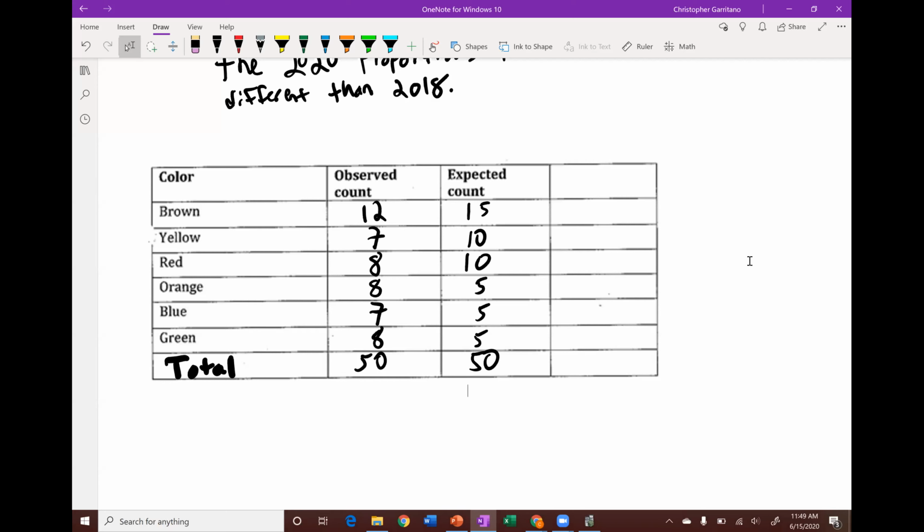One check that you can do is to make sure that your total in the observed and expected count columns are both the same. And in this case, they are, so we're good to go. Now, this last blank column, this is what we're going to use to calculate our test statistic. So what we're going to do for each row is calculate a value called a chi-squared value.